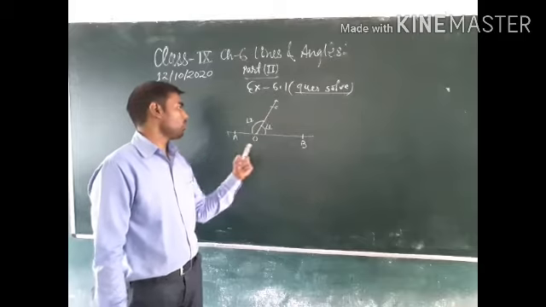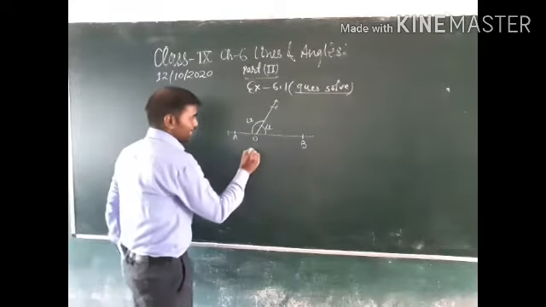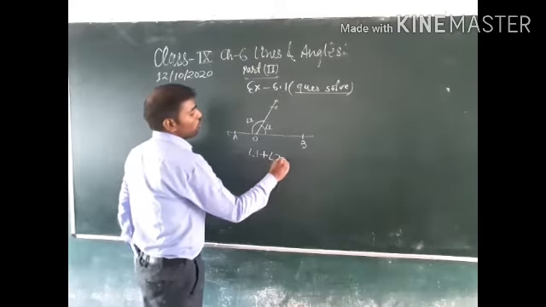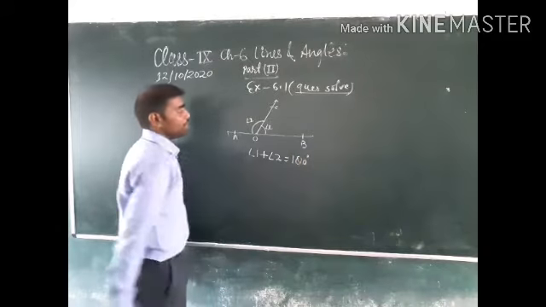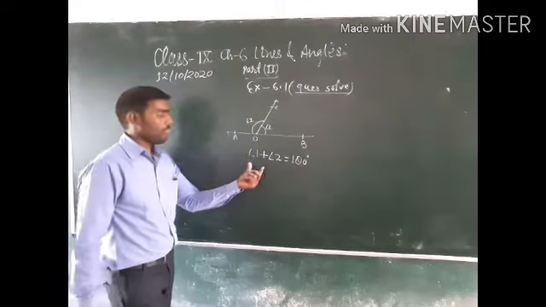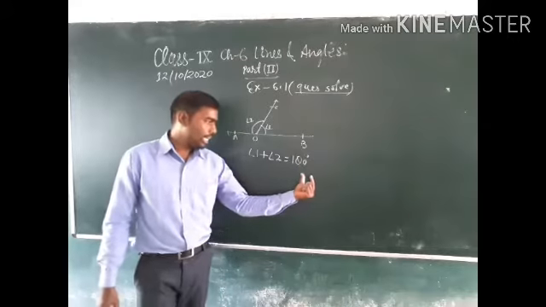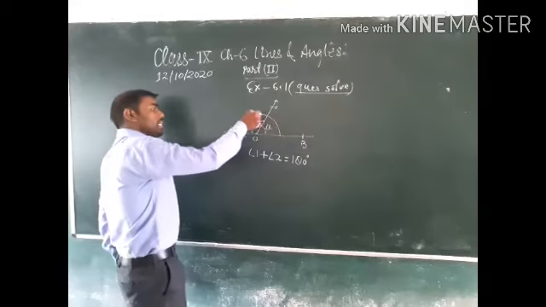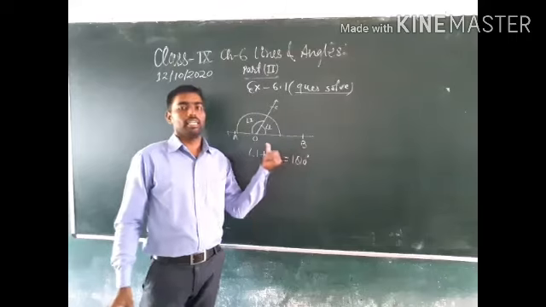COB and COA, CO is common, and we can write in this form angle 1 plus angle 2 is equal to 180 degrees, linear pair of angles. Angle 1 plus angle 2 is equal to 180 degrees because AB is a straight line.